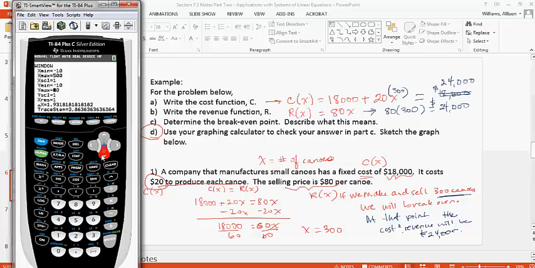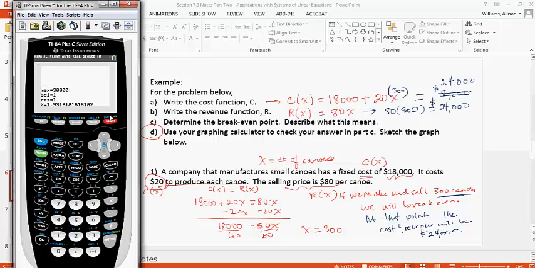Your y-min, I'm going to leave it at -10, but we really don't need to deal with negative numbers. If we were looking at profit, we would be looking at negative numbers, but your cost and your revenue will not be negative. It could be 0, but it won't be negative. So let's make your y-max 30,000.